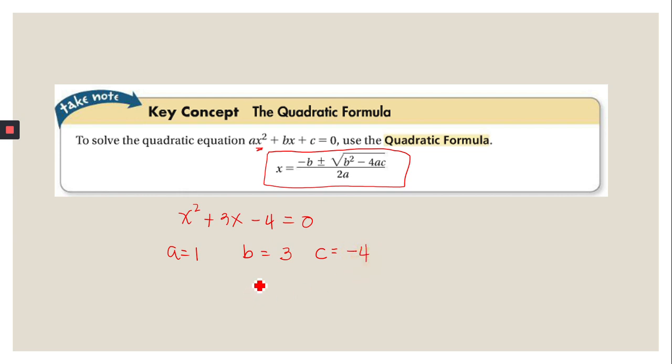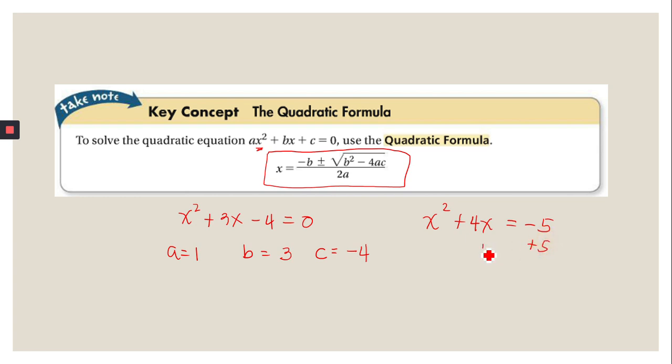Now if you have x squared plus 4x equals negative 5, before you identify the values of a, b, and c, make sure that it is in standard form, or equal to 0. To make this equal to 0, you add 5 to both sides.